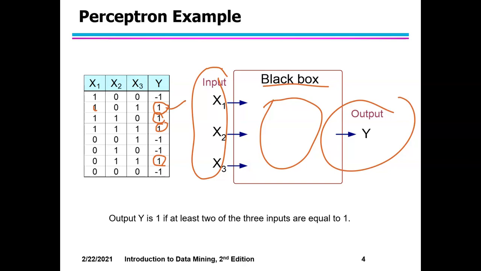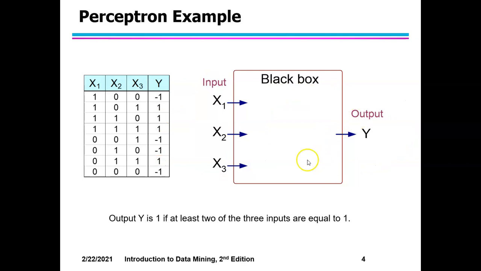And if there is a single one, we get minus one. Usually in binary we have 0 and 1, but in artificial neural networks, we categorize as 1 and minus 1 because of the sign function.